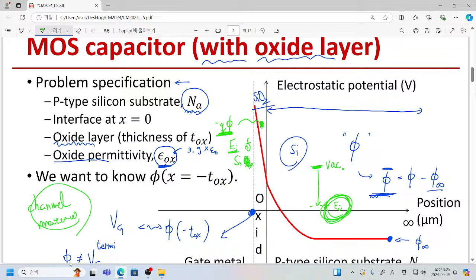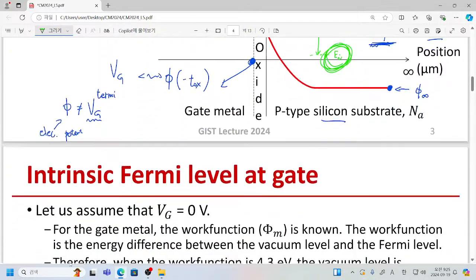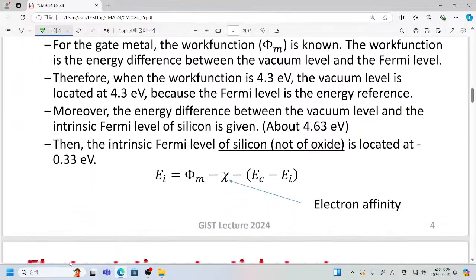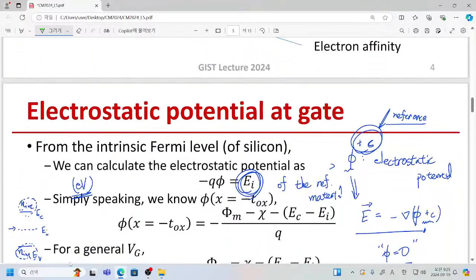So we reference the channel material because our main purpose is to consider the transport behavior of our electronic devices. In my opinion, that is quite reasonable as the reference material. Okay, so anyway, I think this is a really important message you must understand.